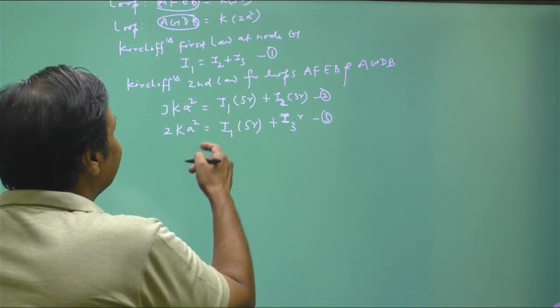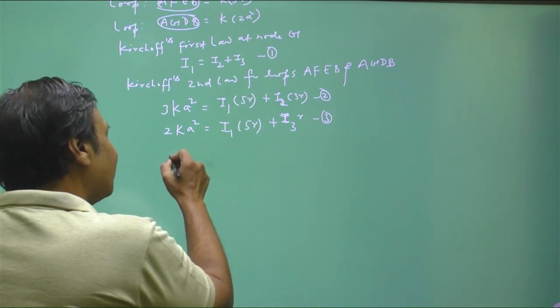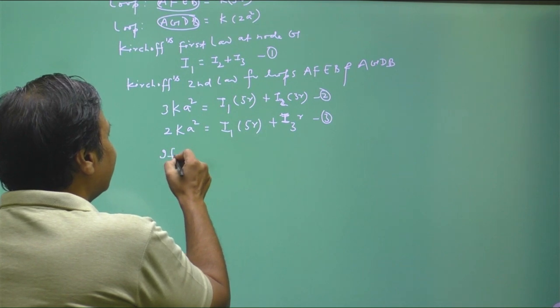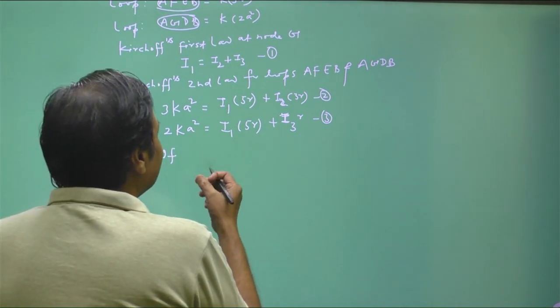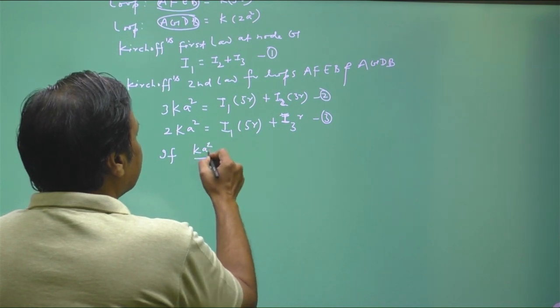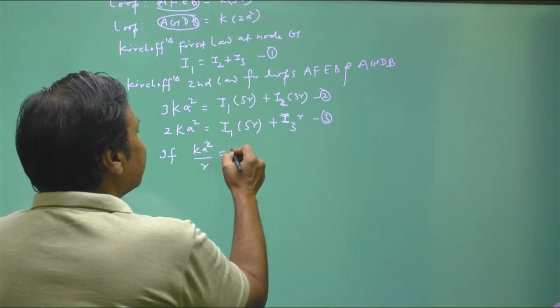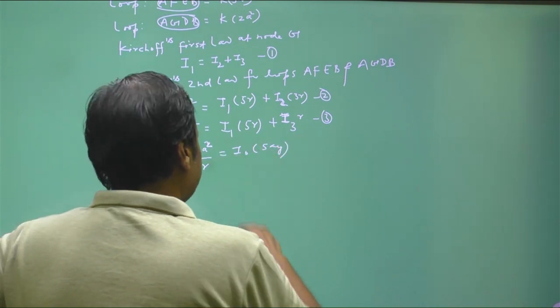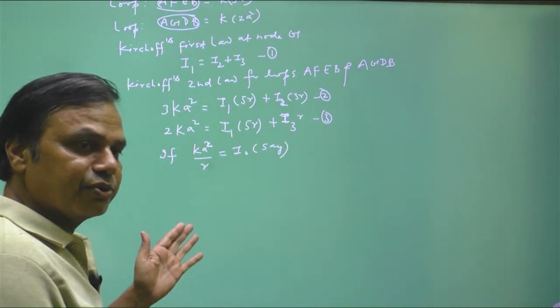And for the sake of simplicity, if I put K A square upon R as I naught, this I naught is known because K is known, A square is known, and a small r is known.